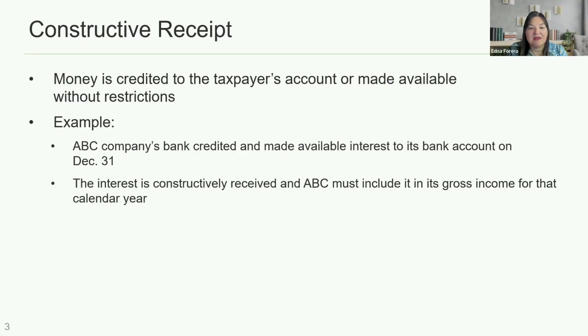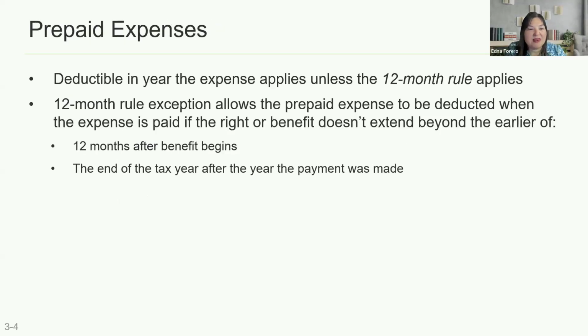Okay. And then one note on prepaid expenses. If your client wants to prepay some of their items, for example, prepaying their rent, we've got to look at the 12-month rule. The 12-month rule is an exception that allows the prepaid expense to be deducted when the expense is paid, if the right or the benefit doesn't extend beyond the earlier of 12 months after the benefit begins, or the end of the tax year after the year that payment was made.